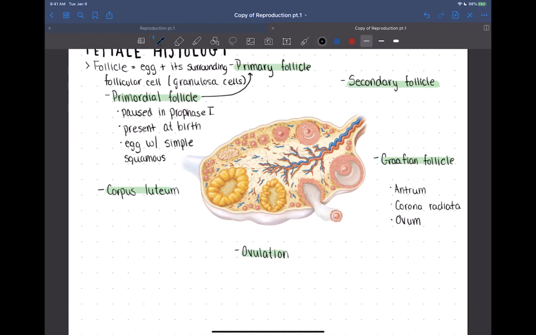A primary follicle is going to be the ovum and one layer of cells, and they usually look kind of like simple cuboidal. So one layer of, we'll just call them granulosa cells.